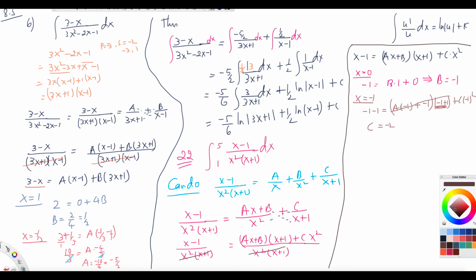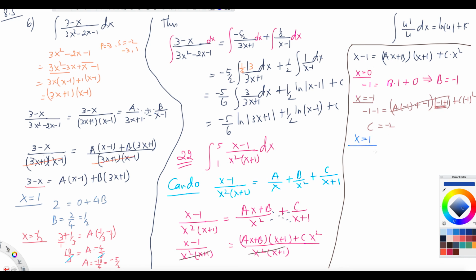Now what I need to do is get the value of a. So what do you want to plug in to find the value of a? I don't want to plug in x equals 0 because I did that already, and I don't want to plug in x equals negative 1. So you can try any other number, because we won't get one of these factors to be 0 if you try other than these two. So I'm trying just a random number, let's say x equals positive 1.